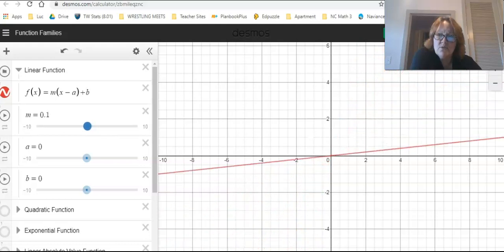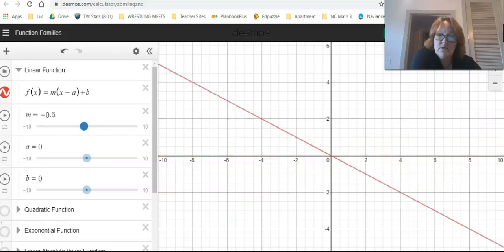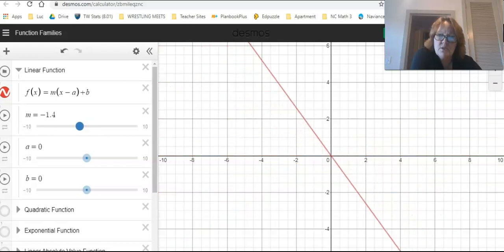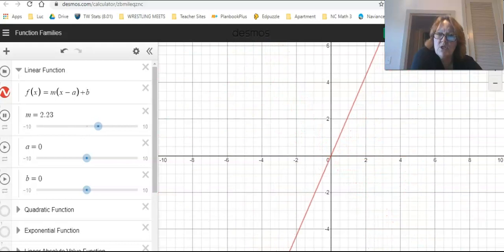When you get to 0, it is a horizontal line, and then when it's negative, it starts changing to the negative slope. You can also hit this little play button right here and see it change as the slider moves on its own.